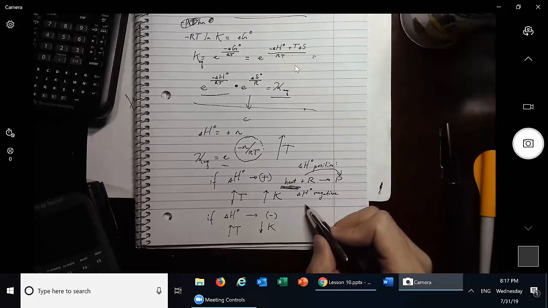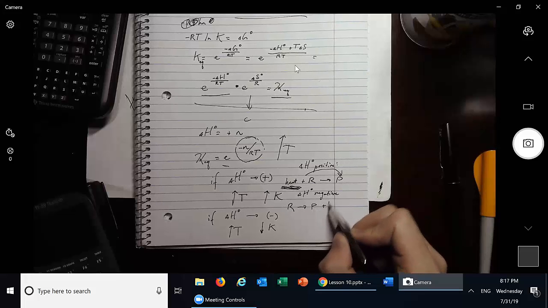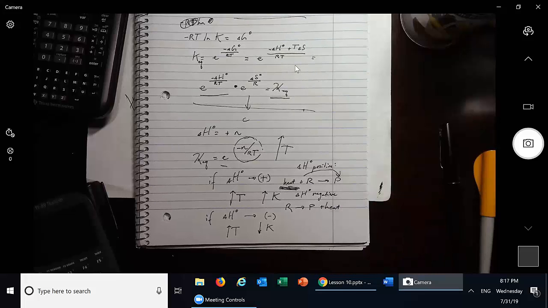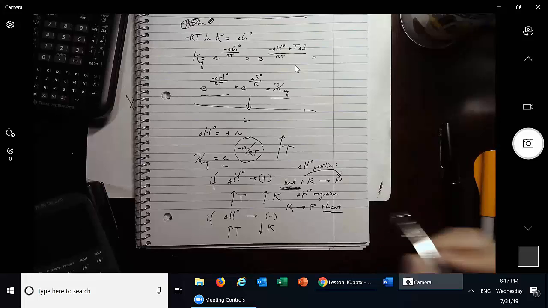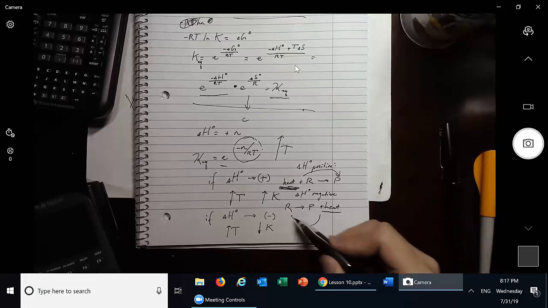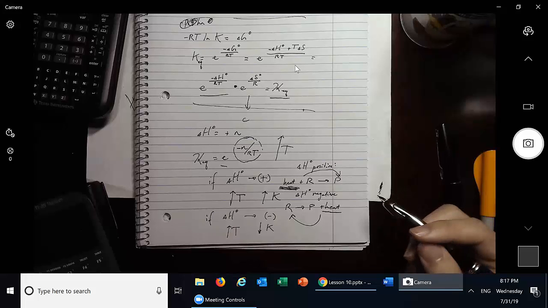If delta H is negative, then we release heat because we're lowering the enthalpy, we're lowering the internal energy. So this energy has to go somewhere, so it gets released as heat. So when we increase the temperature by increasing heat, we force the reaction in the opposite direction. Does that make sense?